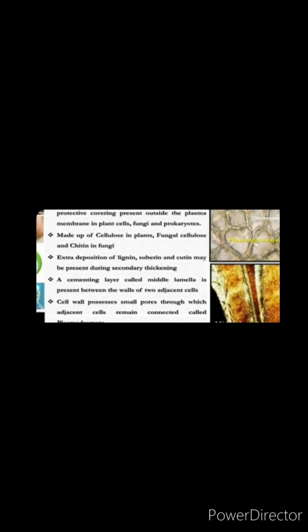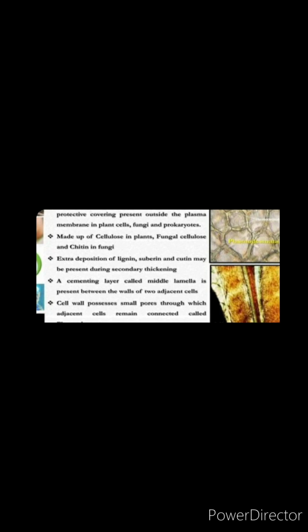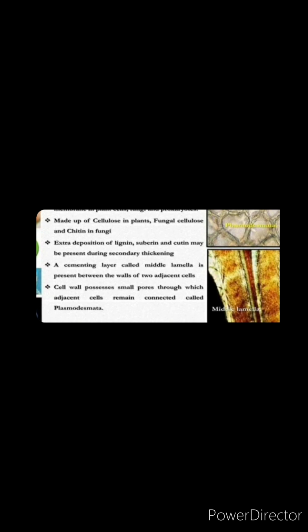The cementing layer is called the middle lamella, and it is present between the walls of two adjacent cells. It brings about the hygroscopic nature of the cells. The cell wall possesses small pores through which adjacent cells remain connected, called plasmodesmata.